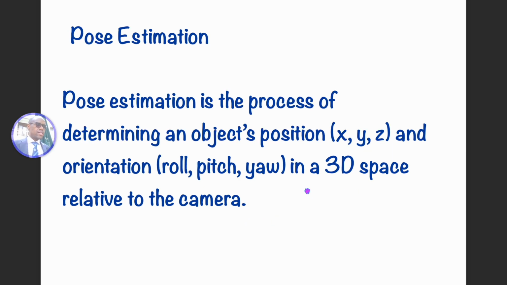So pose estimation is the process of determining an object's position, X, Y, Z, and orientation, roll, pitch, yaw, in a 3D space relative to the camera. I didn't make a video about roll, pitch, yaw yet, but I'll do it in the near future. Well, we'll be exploring the gyroscope sensor.